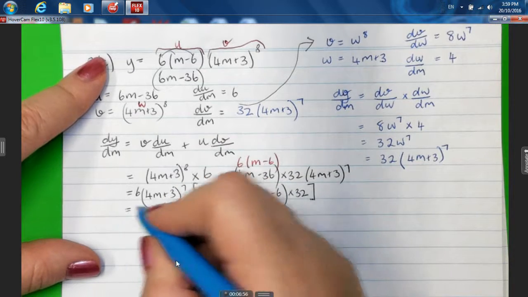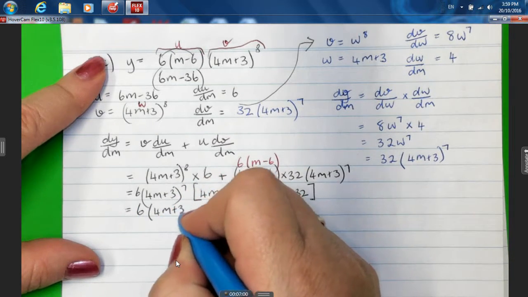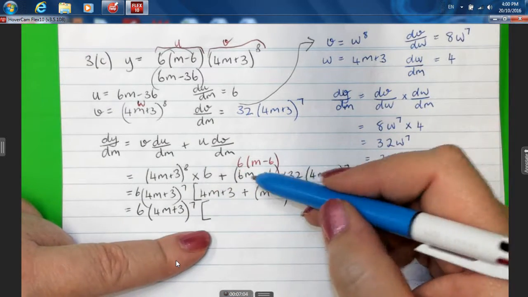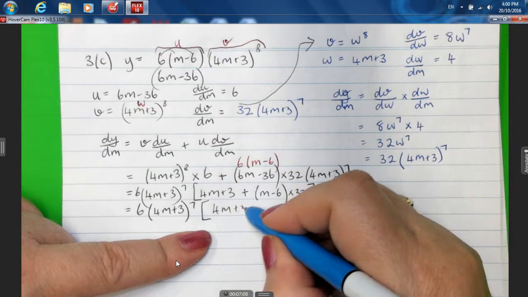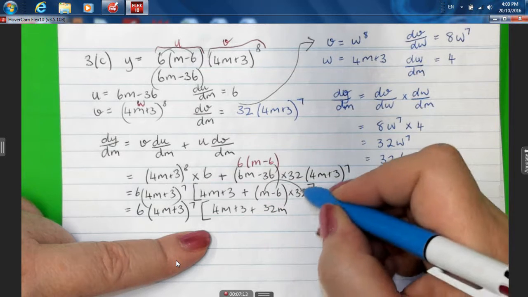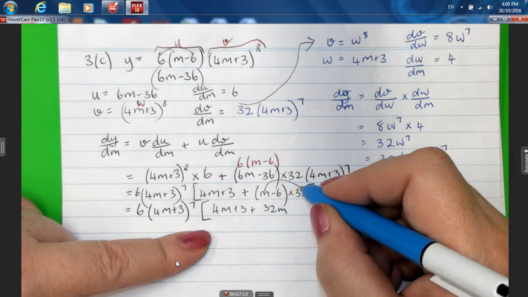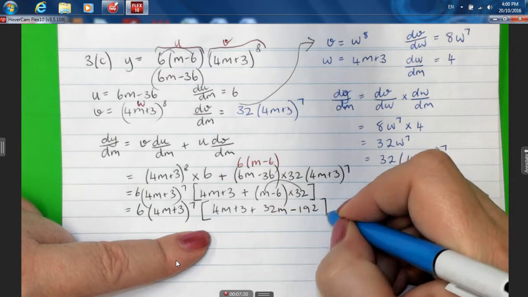So let's tidy once more. The 6 is fine, the 4m plus 3 to the 7 is fine, and let's see what we can do in here. 4m plus 3 plus 32 times m is 32m. 32 times 6 is 180 and 12, minus 192.